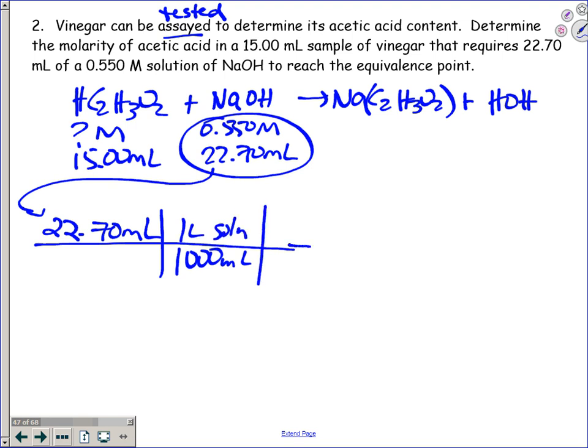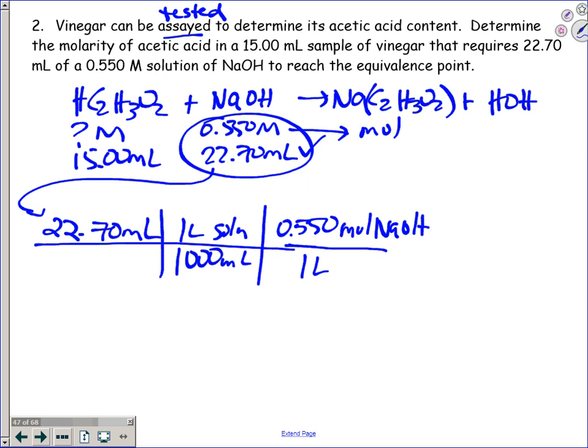And then I've already used the liter, or the volume. What's the next one I use? The molarity, so that's 0.550 what? Moles of what? NaOH per 1 liter. So now we know molarity is moles per liter. Just as a reminder, it's 1 liter in this case.